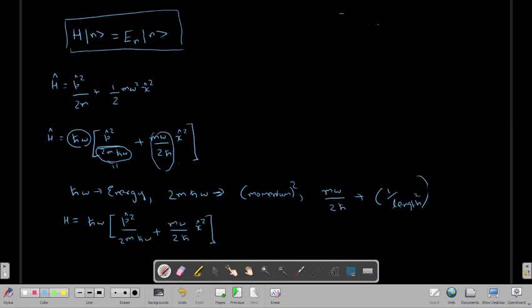So if I use a variable xi equal to under root of m omega by 2h cross into x, and another variable eta is equal to p by under root of 2m omega h cross.